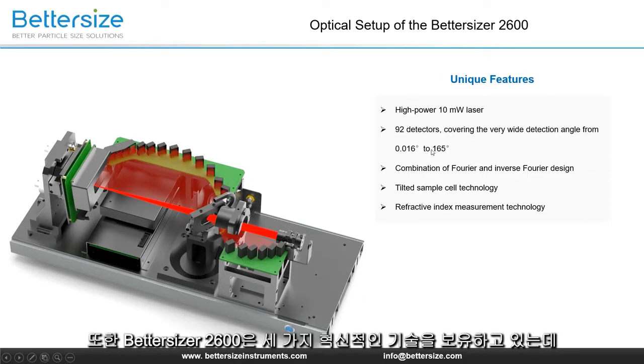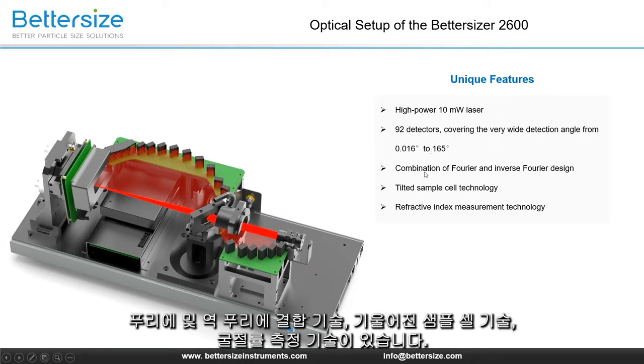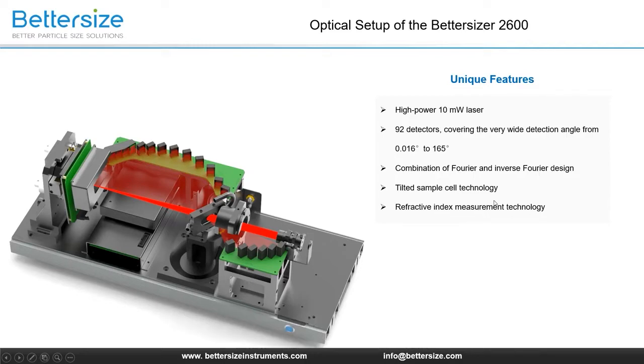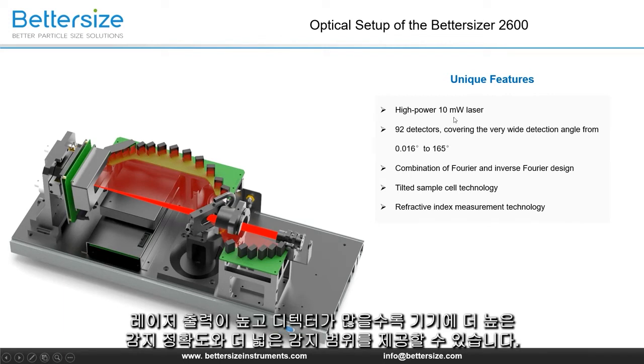In addition, the Bettersizer 2600 has 3 innovative technologies, including the combination technology of Fourier and inverse Fourier design, tilted sample cell technology, and refractive index measurement technology. Some features are easy to understand. Higher laser power and more detectors can bring higher detection accuracy and wider detection range to the instrument.